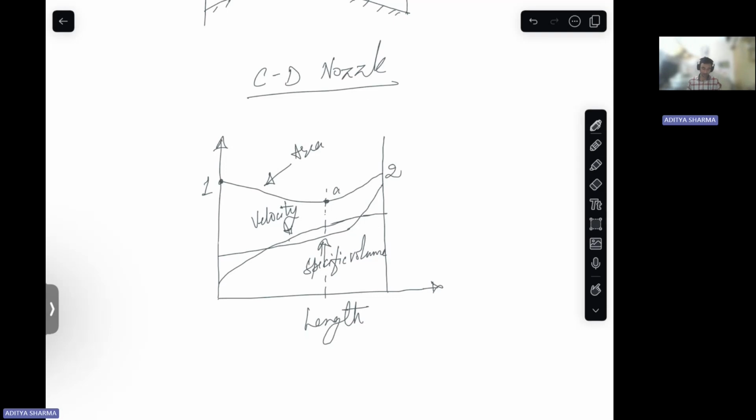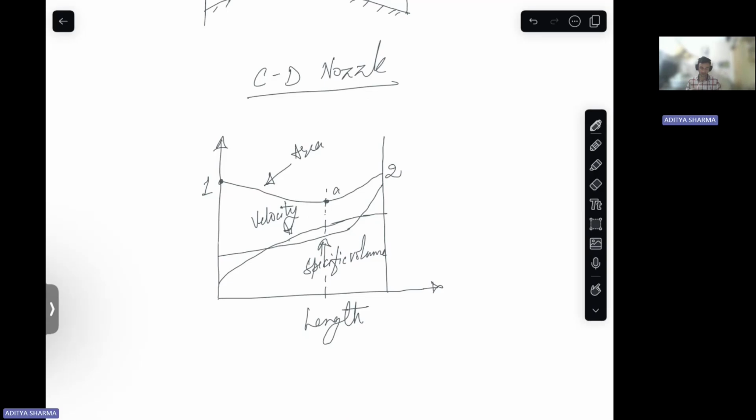So if you see from 1 to 2, your velocity is continuously increasing, right? And at point A, that is the throat, first it chokes, right? At the throat your flow chokes, and eventually the flow becomes sonic at the throat, and then further it expands and the velocity further increases, right? So this is about velocity.